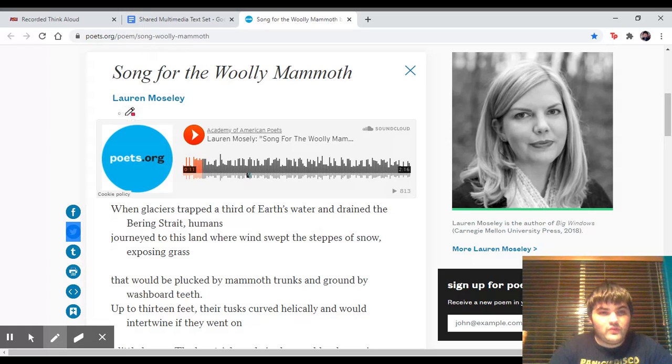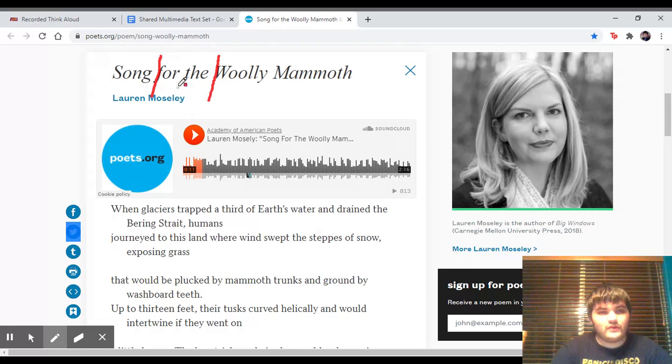I broke it down into 3 parts: song, for, the woolly mammoth. So you have a noun, a noun, and then in the middle, that transition.